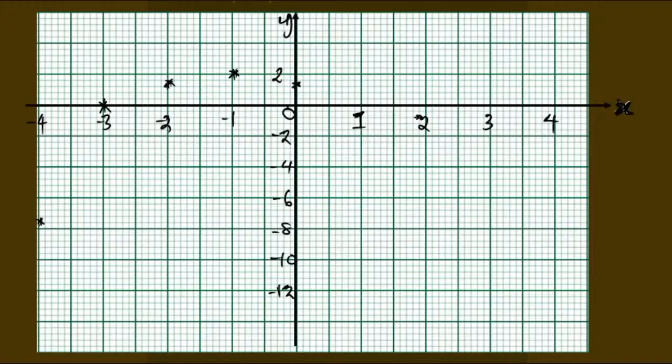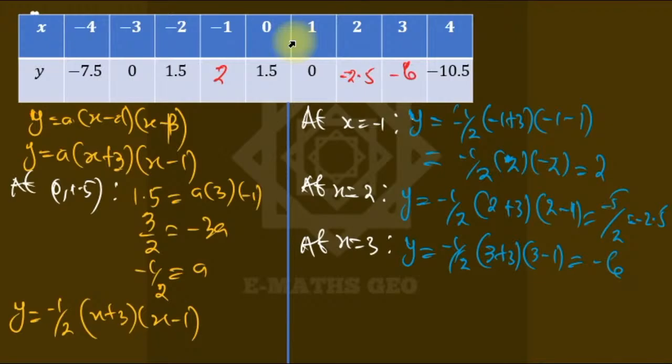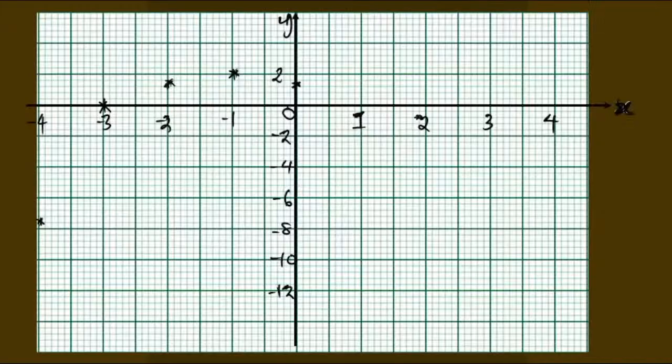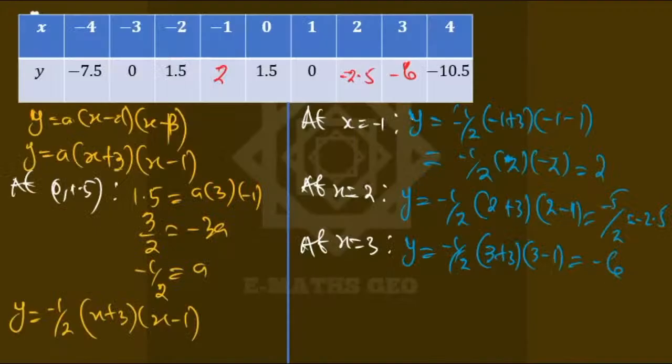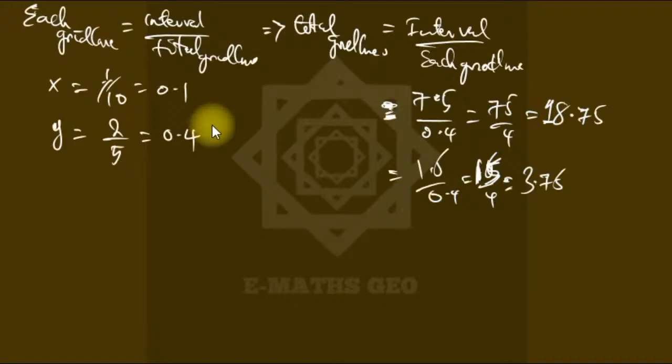So which one again? 1, 0 on the x-axis. So which one again? 2.5. So minus 2.5. Okay. So that same way we do 2.5 divided by 0.4, which is 25 over 4.